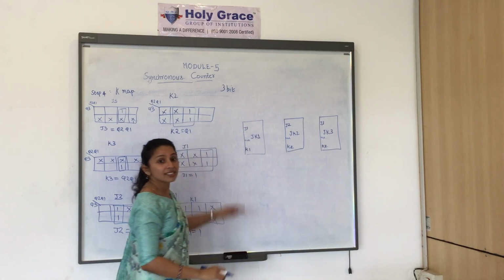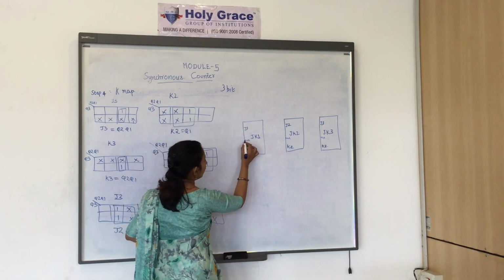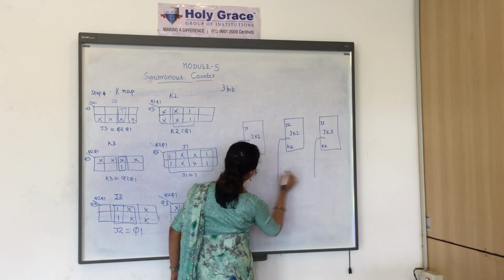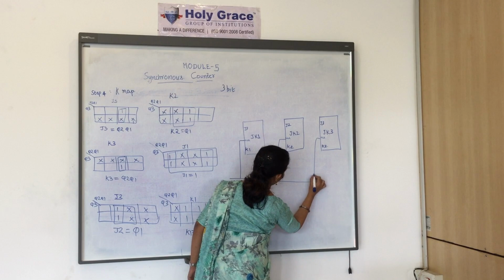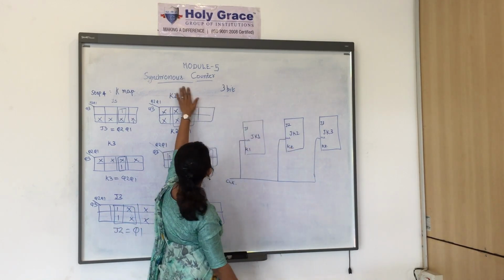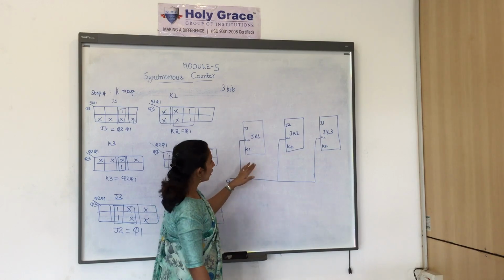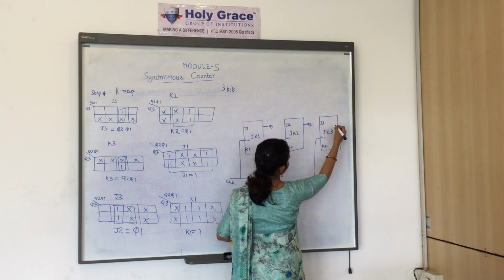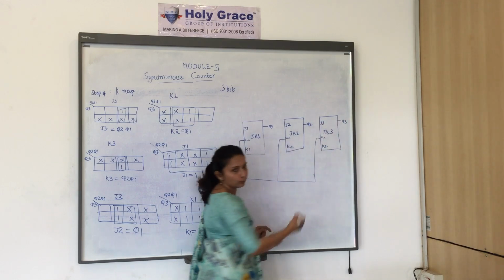Since it is a synchronous counter, I will be giving all the clocks simultaneously. So I am giving the clock connection simultaneously. Now we have output Q1 here, the output Q2 here and the output Q3 here.